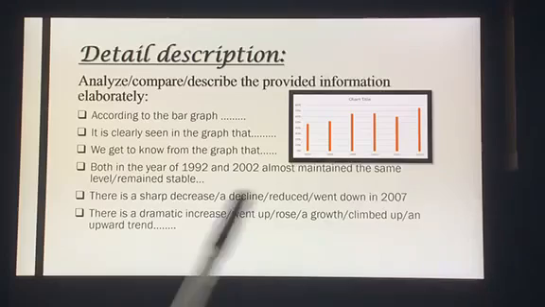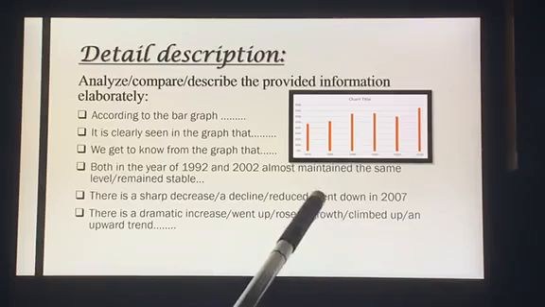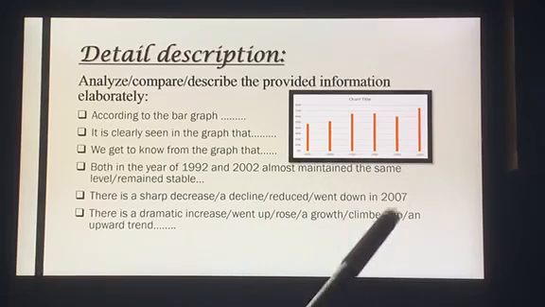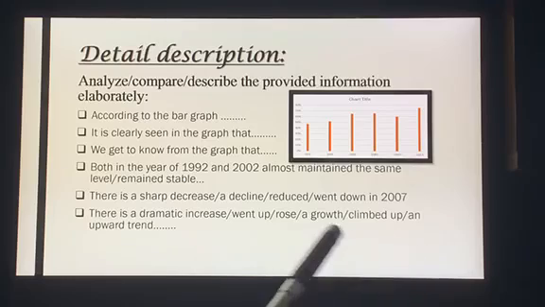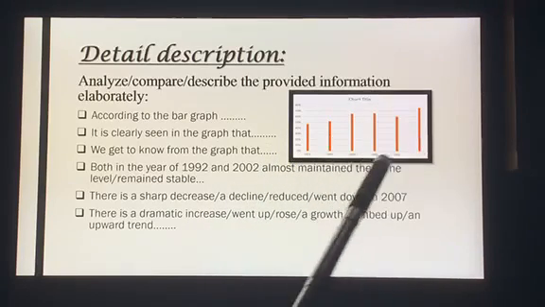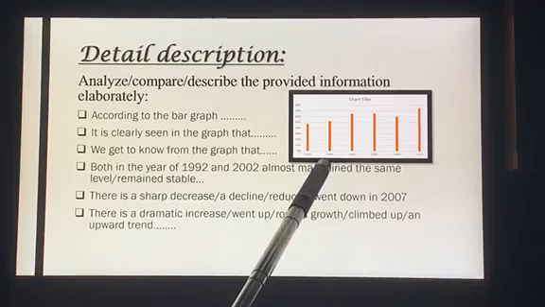So here you can use the word dramatic increase. There is a dramatic increase, or it dramatically went up, it dramatically rose, took a dramatic rise or growth. Okay, we see the dramatic upward trend from the year 1982 to 1992.